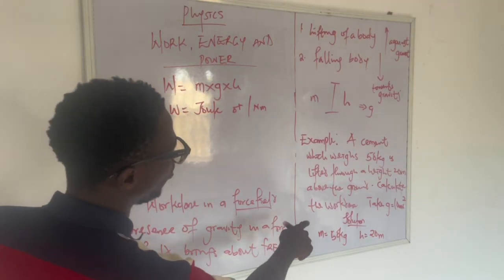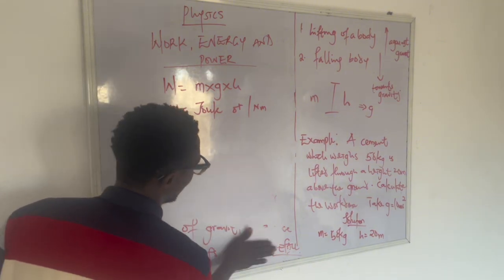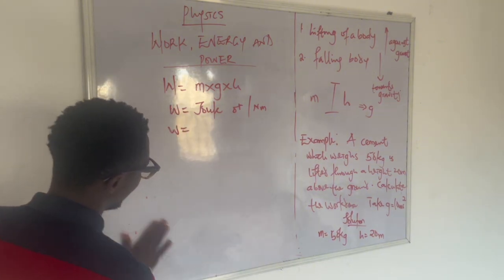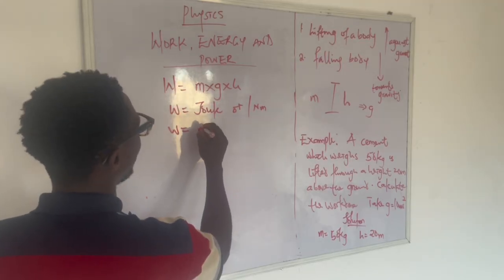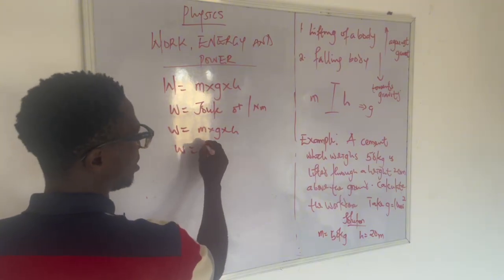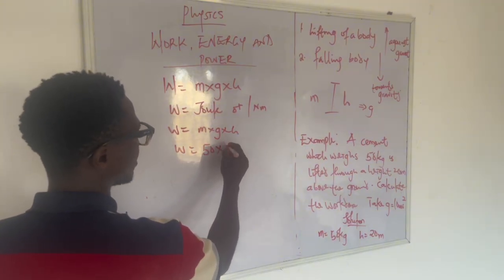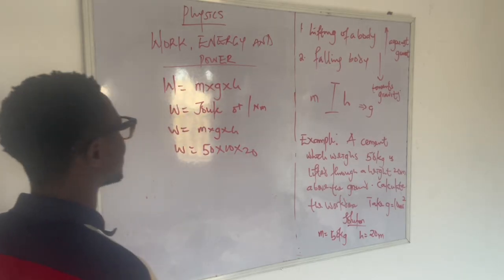Now, we said work done is mass times G times H. Then work done equals 50 times 10 times 20.